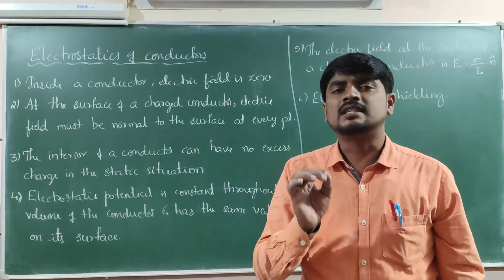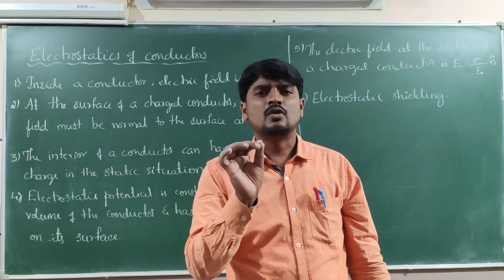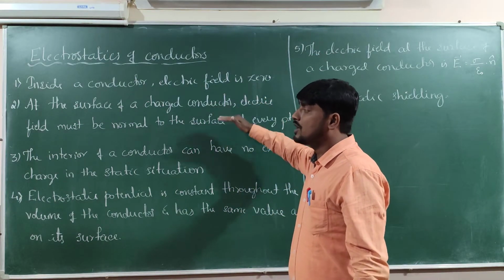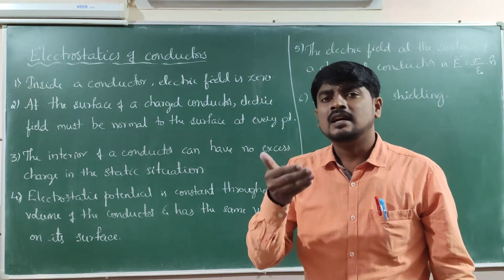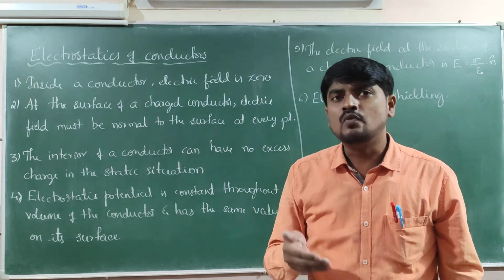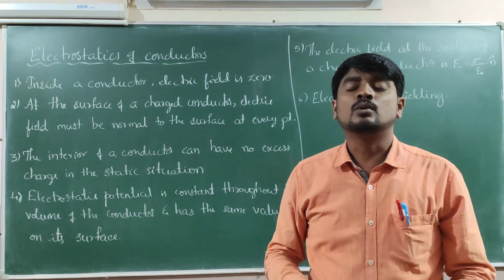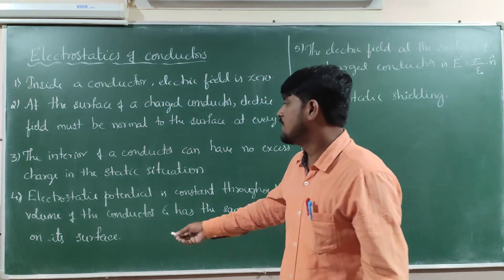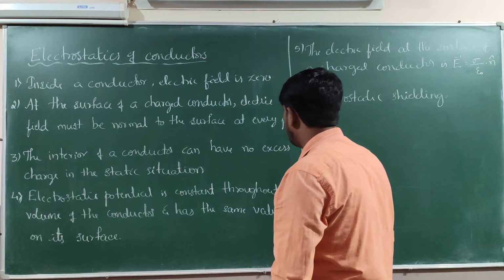When we move a charge from one place to another place against the direction of the electric field. But the electric field is zero according to point number 1 and point number 3. As a result, though we move the charge from one place to another place inside the conductor, the potential will not vary because there is no work done. Hence, we can say electrostatic potential is constant throughout the volume.